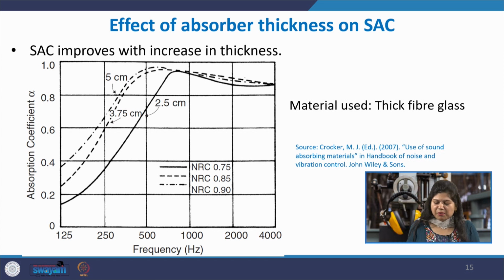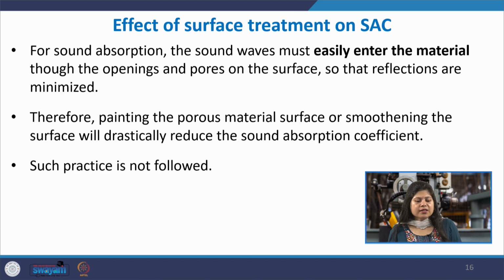So this is the typical pattern you would observe: with the increase in thickness, usually the SSE will rise, and then once it reaches a certain optimum level, the thickness will not have much effect. Then what is the effect of surface treatment on the sound absorber?